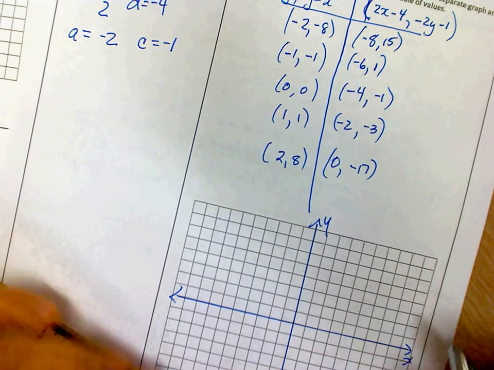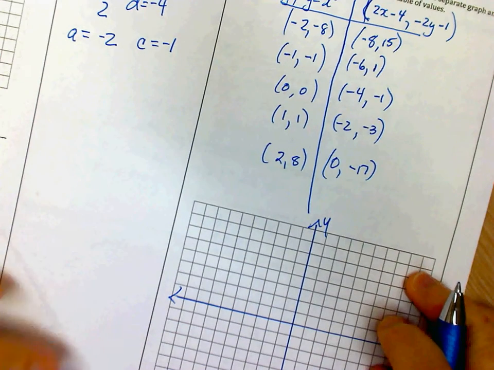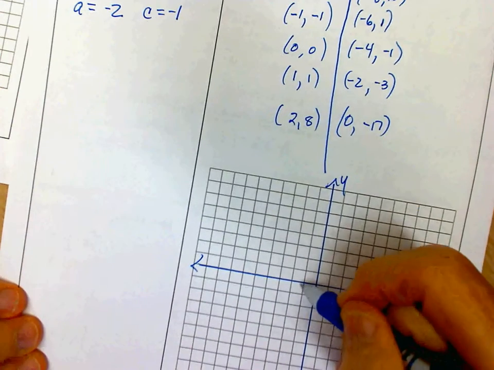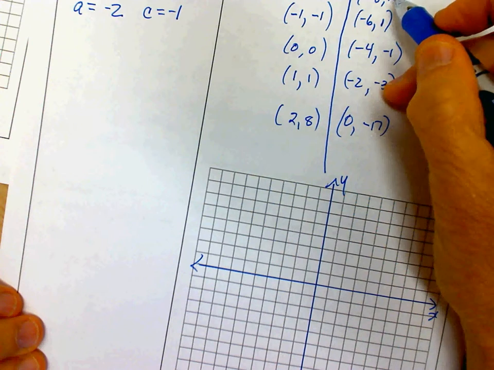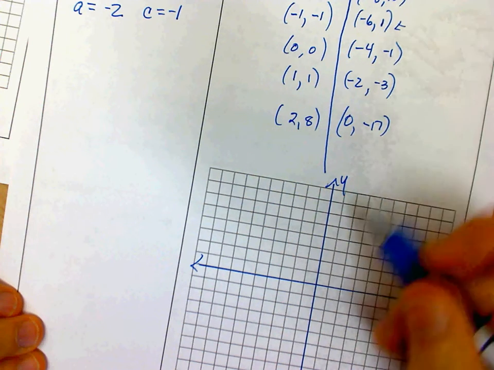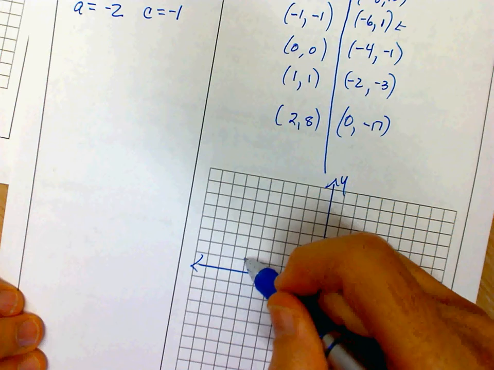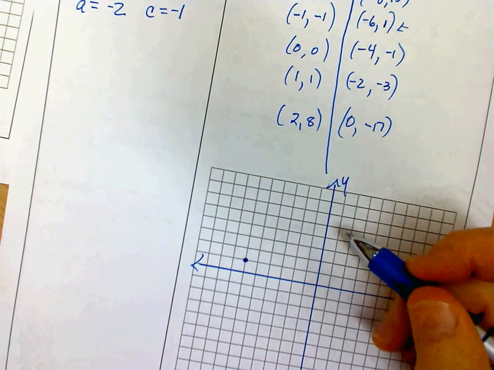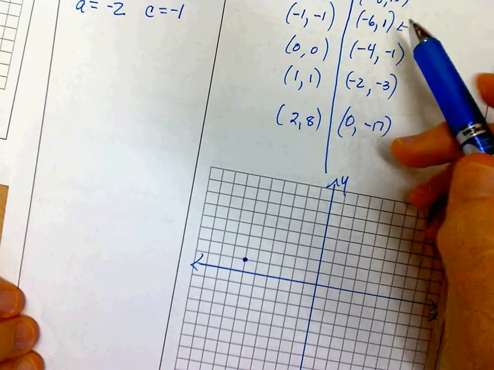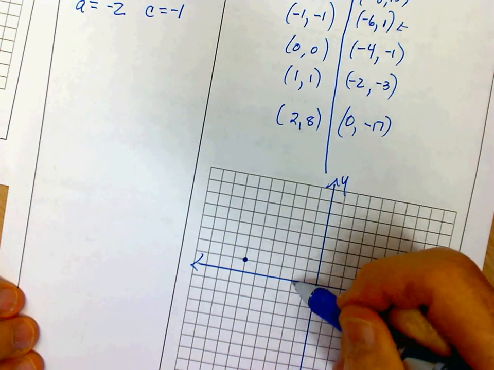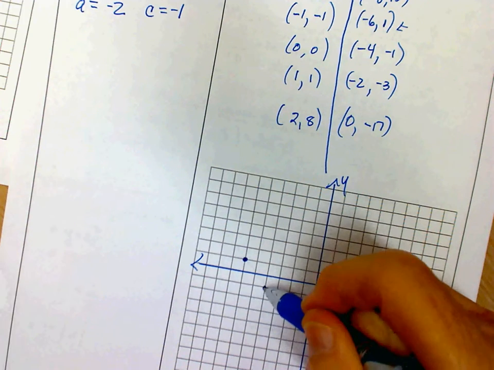Negative 6, 1. 1, 2, 3, 4, 5, 6, 1. And then we're going to have negative 4, negative 1. 1, 2, 3, 4, negative 1. And negative 2, negative 3. 1, 2, 1, 2, 3. 0, negative 17. Well, that's off our grid.